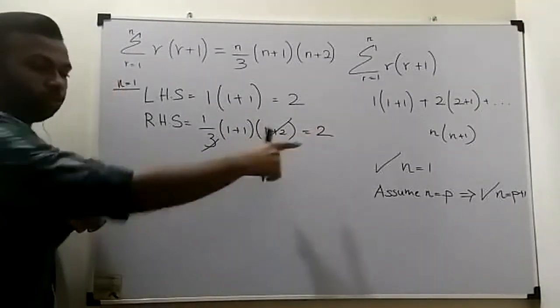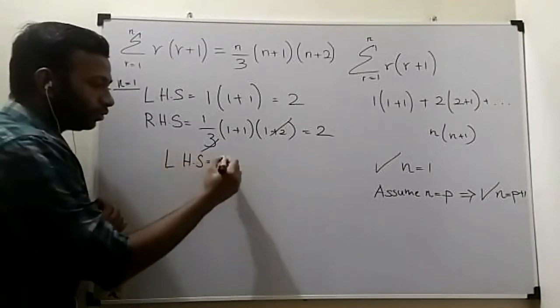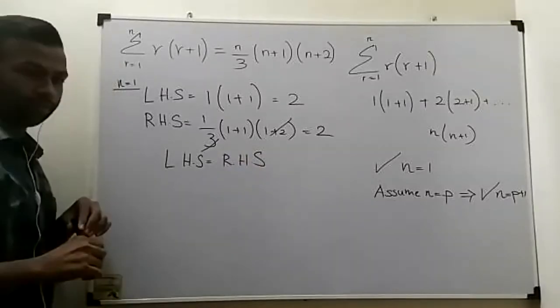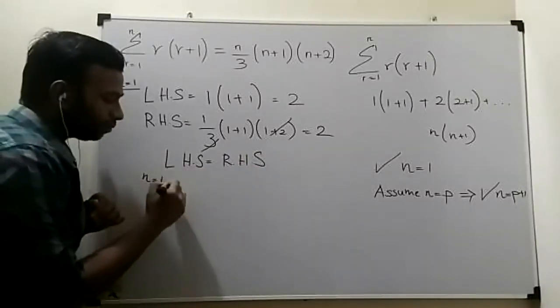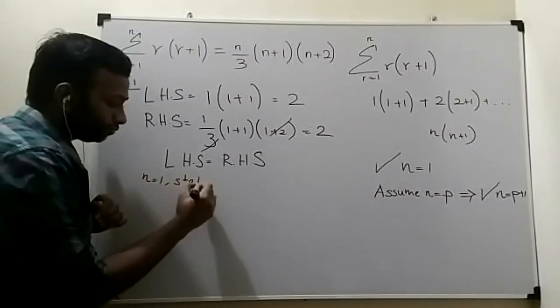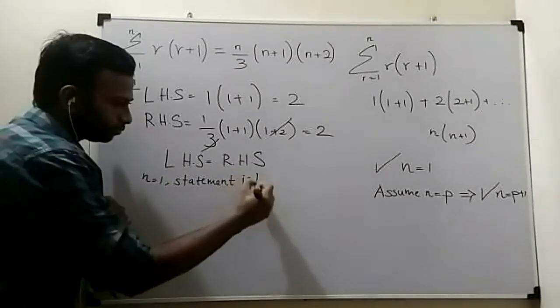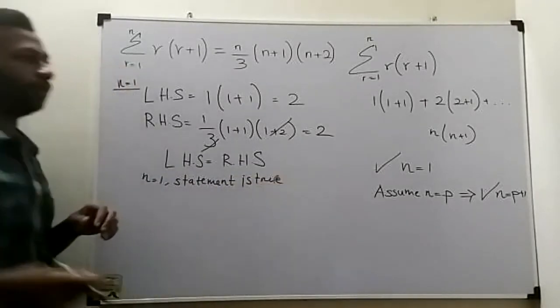So we can say the left hand side is equal to the right hand side. So now we know when n equals 1, the statement is true. So that's the first part. Is that clear?